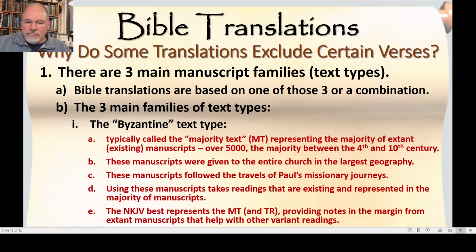And the New King James is good because it provides notes in the margin from existing manuscripts that help if there's a variant reading. So if you have a New King James and you're reading through some area and there's a little note, and you go down and it says, I don't know, in the LXX it's translated this way. The LXX is the Septuagint, which is a Greek translation of the Old Testament.